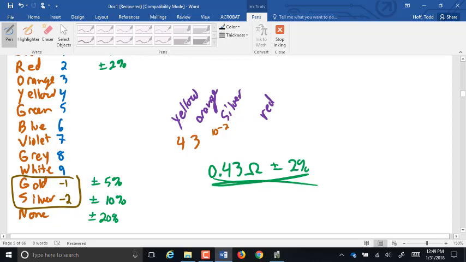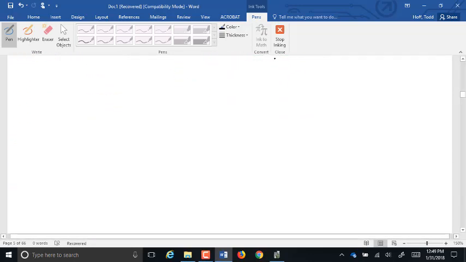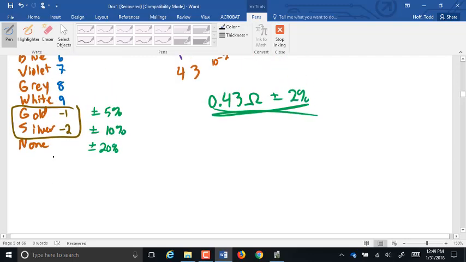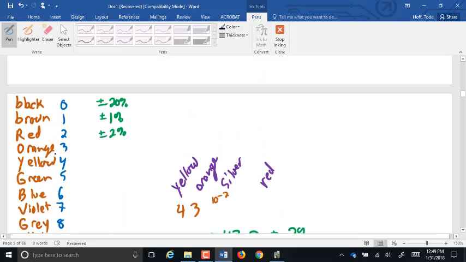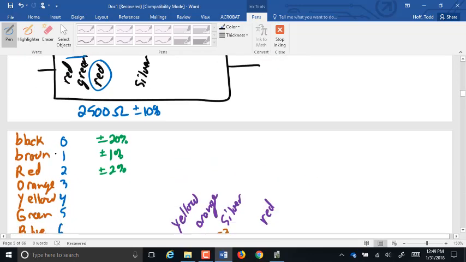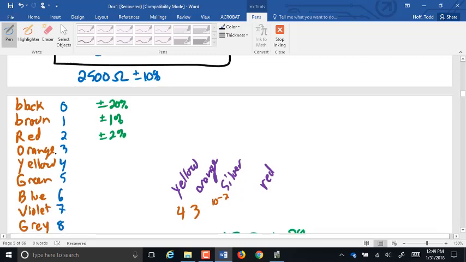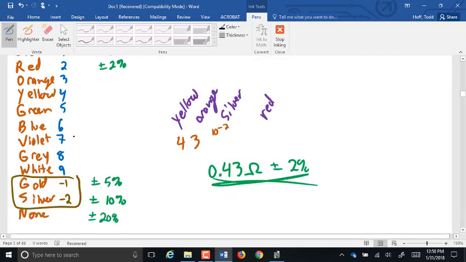So anyway, dealing with these absolute and relative errors. Let's say I have 2 resistors. Oops, I need to go back for that for you. Okay.